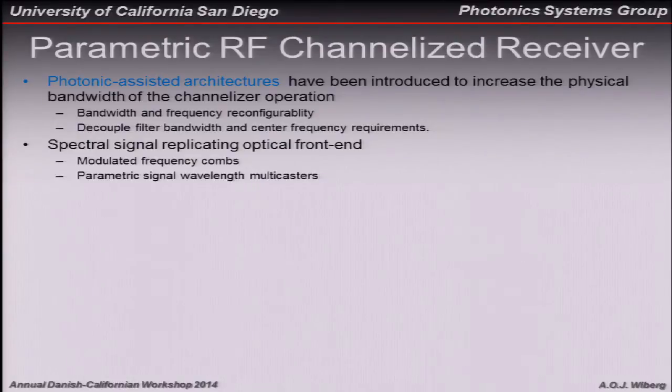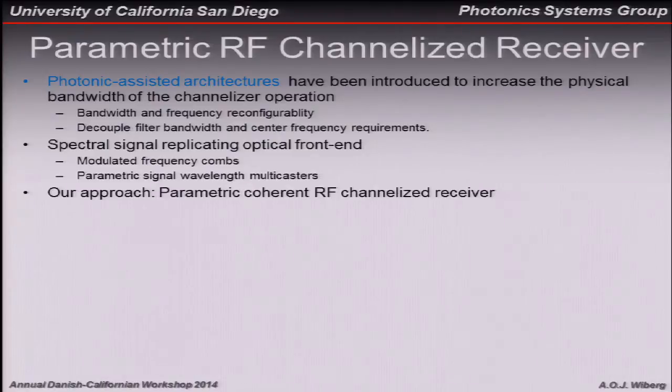We're creating a spectral signal replication front end, which you can do either by modulating frequency combs, or by using parametric wavelength multicasting to take your signal to many different wavelengths and process them in parallel. The approach we are following uses parametric mixers, with nonlinear four-wave mixing in optical fibers.